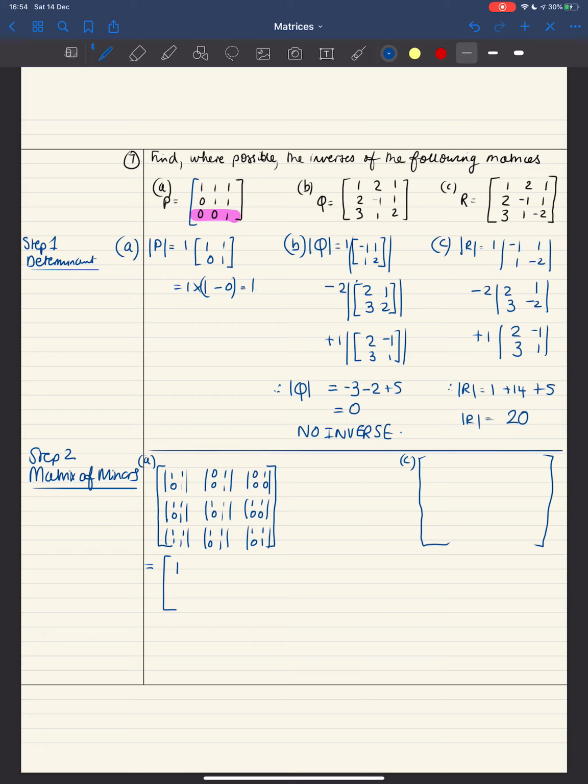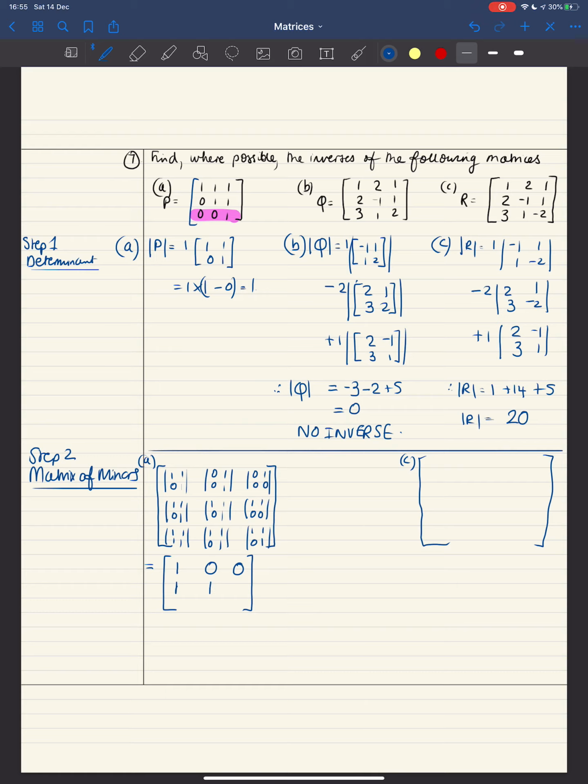So this top one is 1 times 1 minus 0. This one is 0 and 0, so that one's 0. And the next one, look, 0 minus 0 is 0. So the next column, 1 times 1, and then there's a 0, so we don't need to go any further with that one.